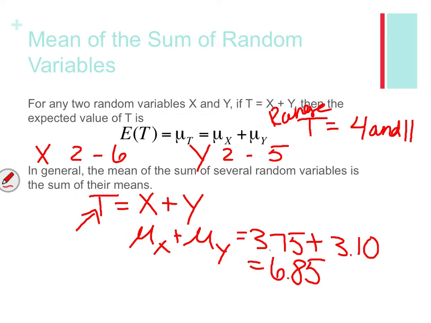If we had the probability distribution of the random variable T, then we could calculate the standard deviation of T. So let's try to construct this probability distribution, starting with the smallest possible value. So T would equal 4.